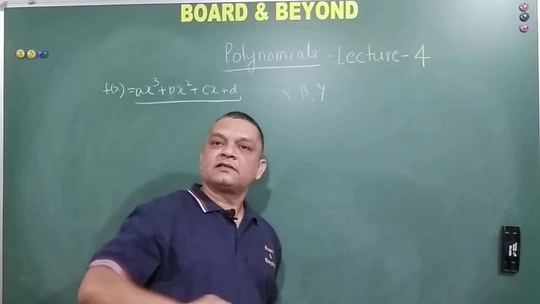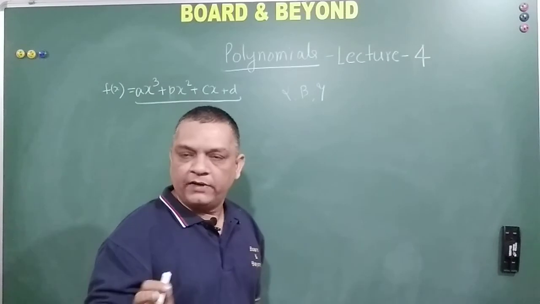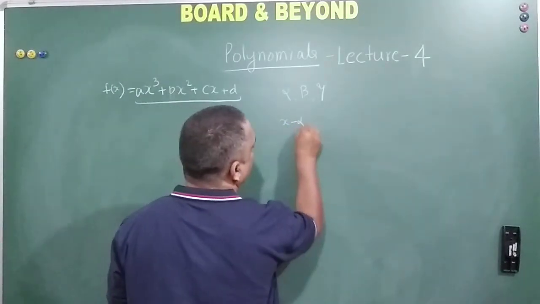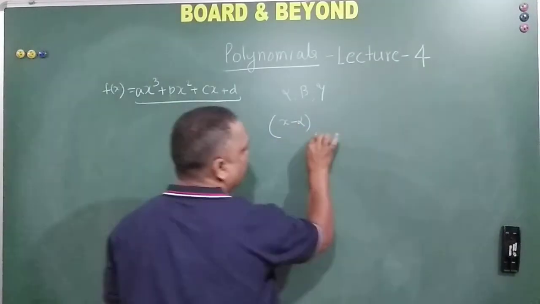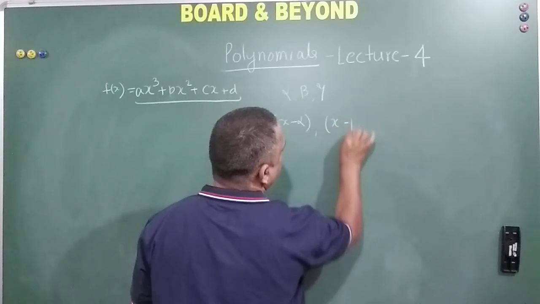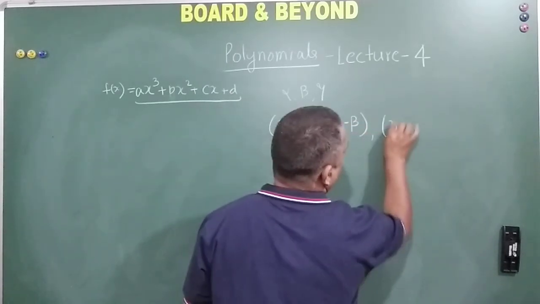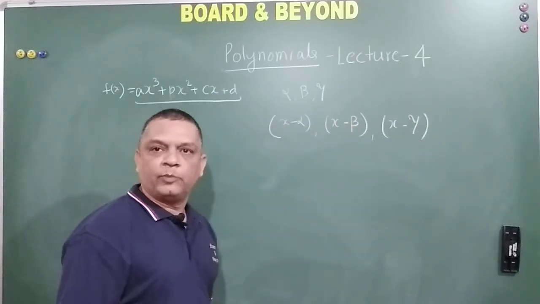In the previous classes we have seen that if alpha is a root of a polynomial, then x minus alpha is a factor of the polynomial. Similarly, x minus beta is a factor of the polynomial. Similarly, x minus gamma is also a factor of the polynomial.